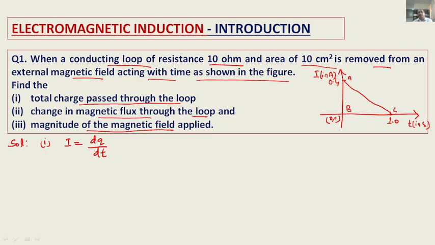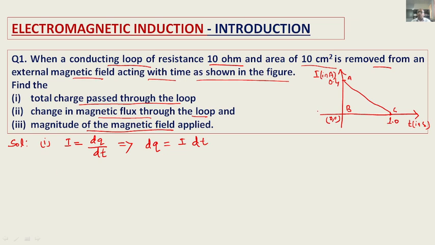The charge passing through per unit time is called current. So from this relation, we will be in a position to find out dq, total charge, is equal to I dt. Okay, I dt. So dt is the variation.